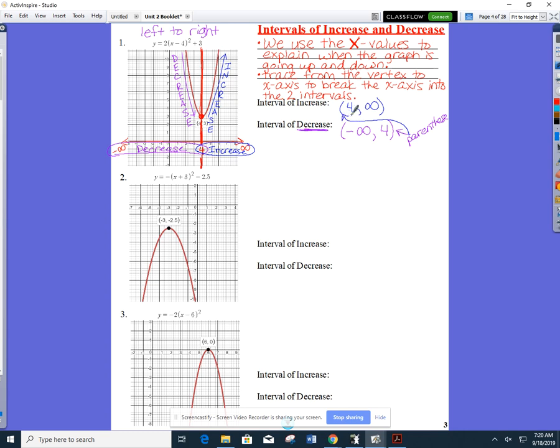So I want you to try the next two. You can pause this and try the next two on your own. And then you can push play.